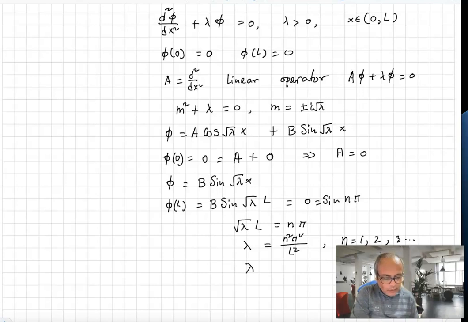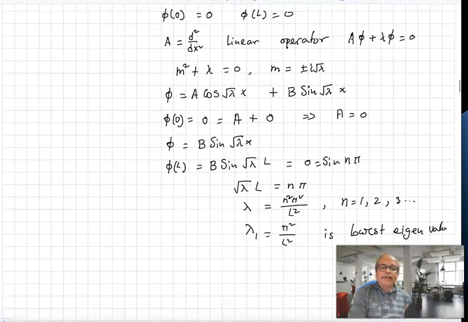So lambda 1 is the lowest eigenvalue, and all other eigenvalues are greater than this value. Eigenvalues are positive in this case.